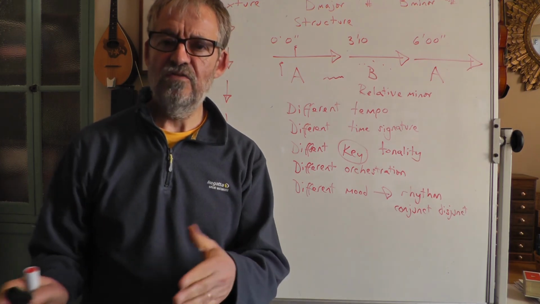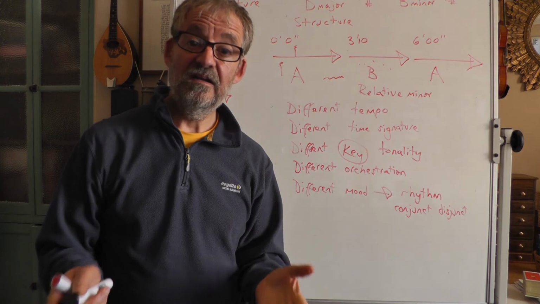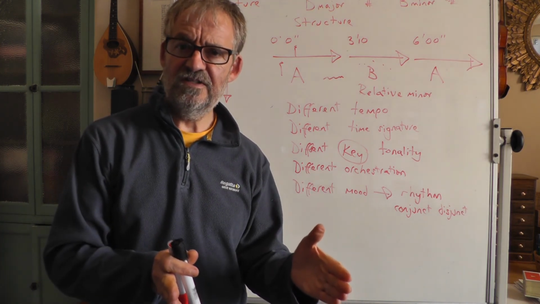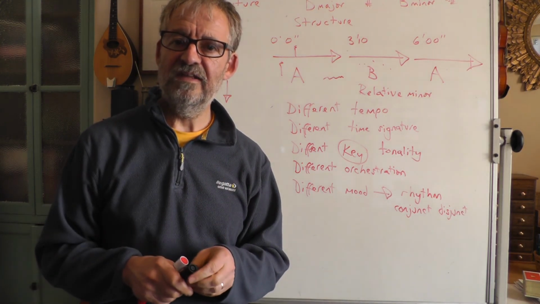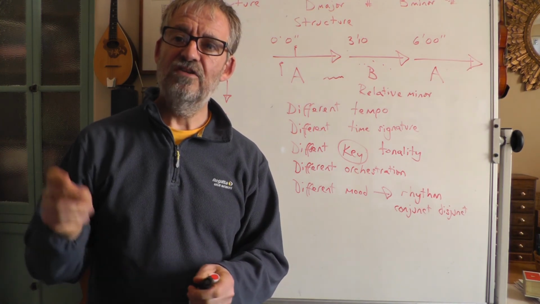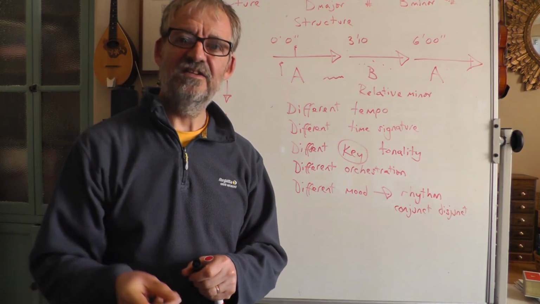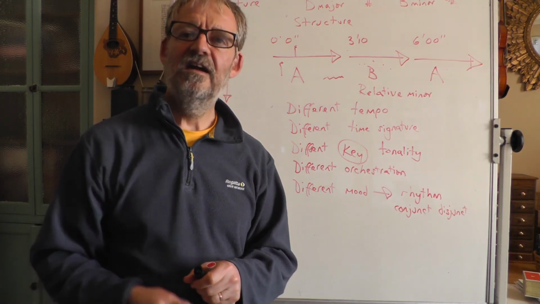Is it the verse? Is it the chorus? And when we get to Killer Queen, you're going to need to know which is the verse, which is the chorus. And the best way of doing that is listening to it over and over again until you can just think, the chorus goes like this, the verse goes like this.